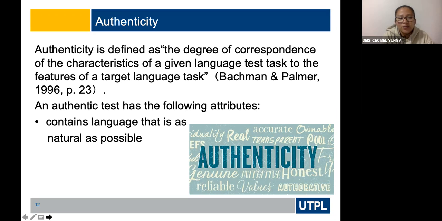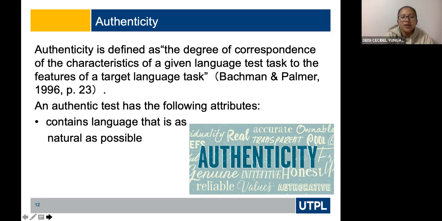The next one is authenticity, which is defined as the degree of correspondence of the characteristics of a given language task to the features of a target language task. An authentic test has the following attributes.